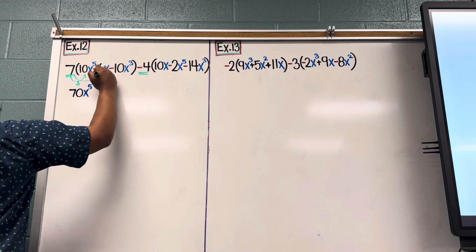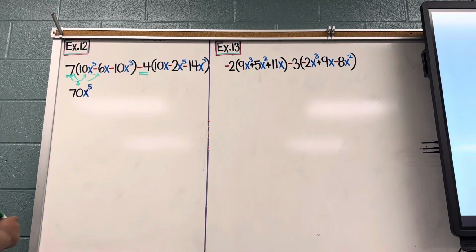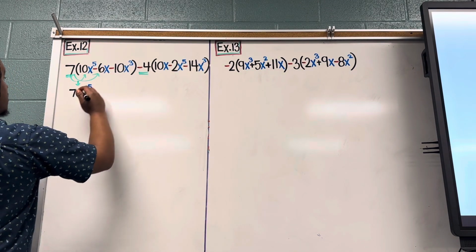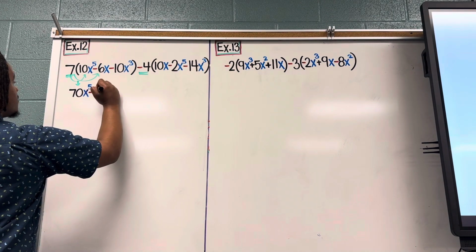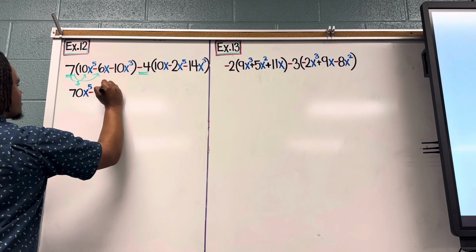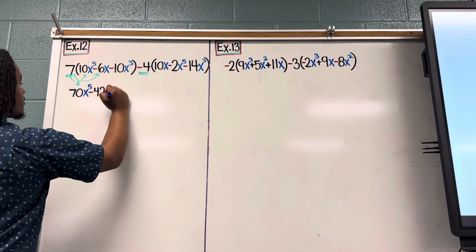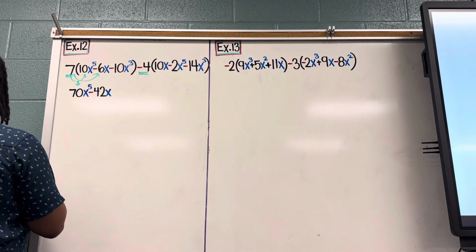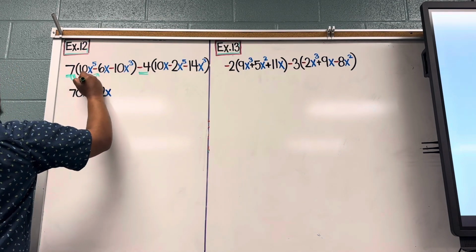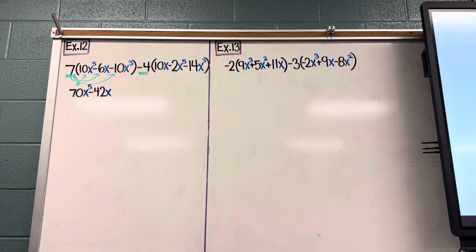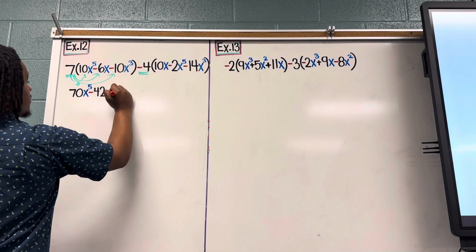All right, 7 times -6x is going to be a -42x, because 7 times -6 is -42. And then 7 times a -10x to the 3rd power is going to be a -70x to the 3rd power.